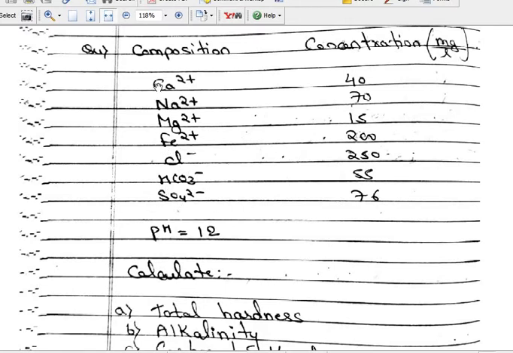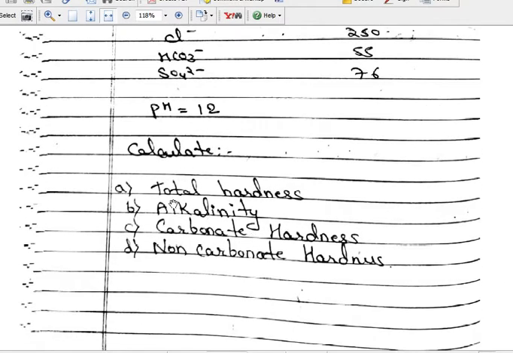Of course all are not required, we require only calcium, magnesium and bicarbonate, and others are not required, and pH is given to you. From the pH you can find the OH- ion concentration. You have to find out the total hardness, alkalinity, carbonate hardness and non-carbonate hardness. So these are the four things you have to determine based on the above data.